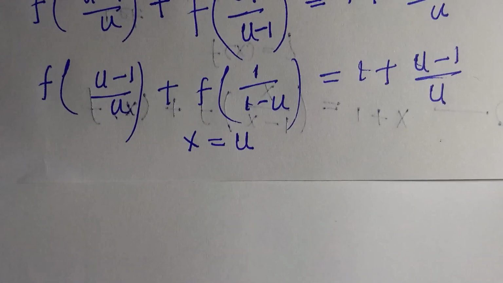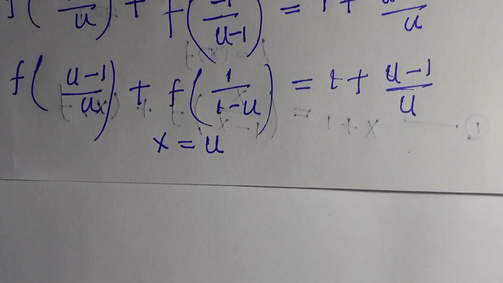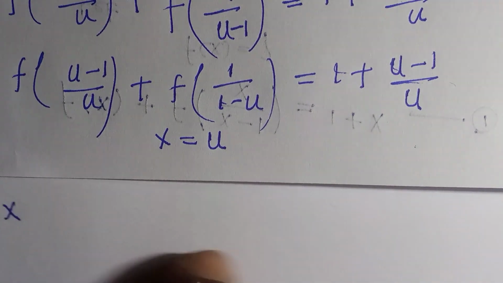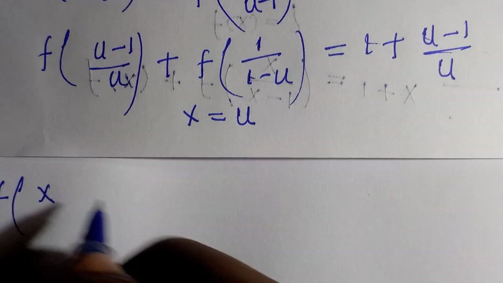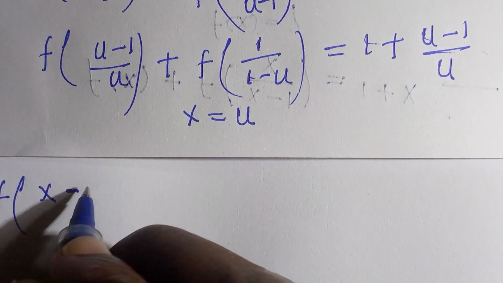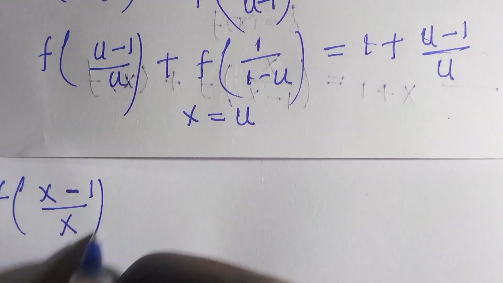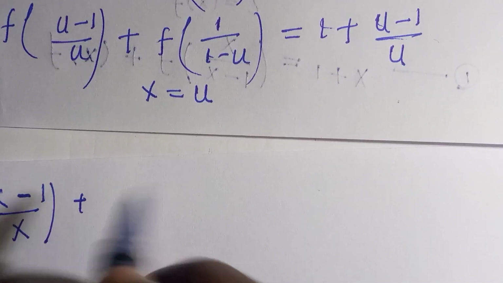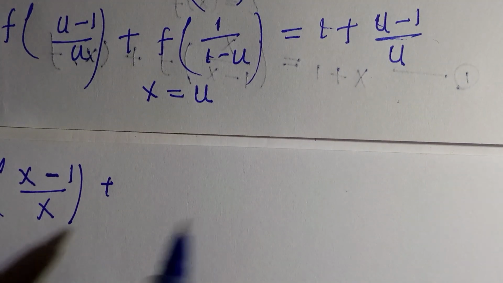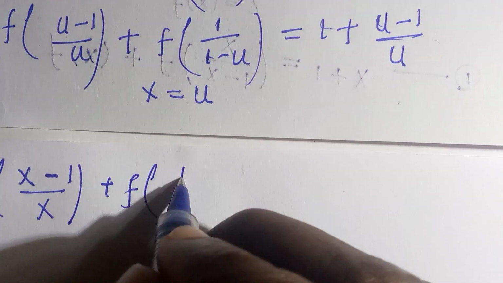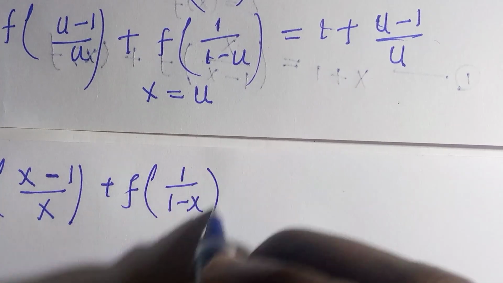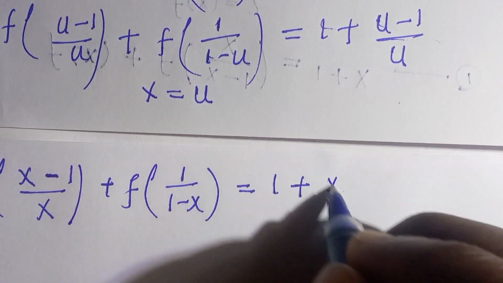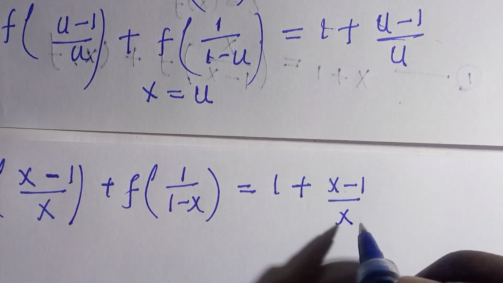Then we have f of x minus 1 divided by x, plus f of 1 divided by 1 minus x equals 1 plus x minus 1 divided by x.